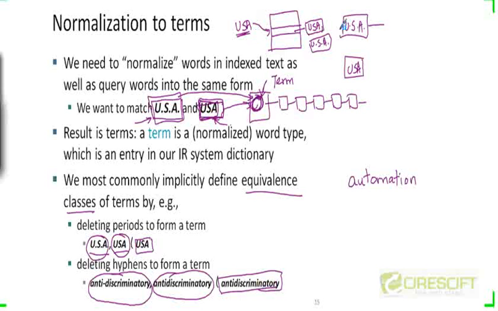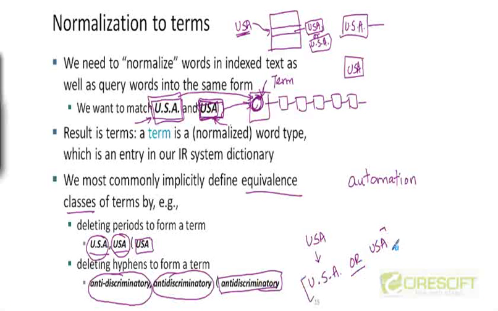Right? So instead of collapsing u.s.a and USA into the same term, another way to implement pretty much the same result is to take the query and expand it into USA or u.s.a. So if I'm searching for USA, my query will be expanded into u.s.a or USA.